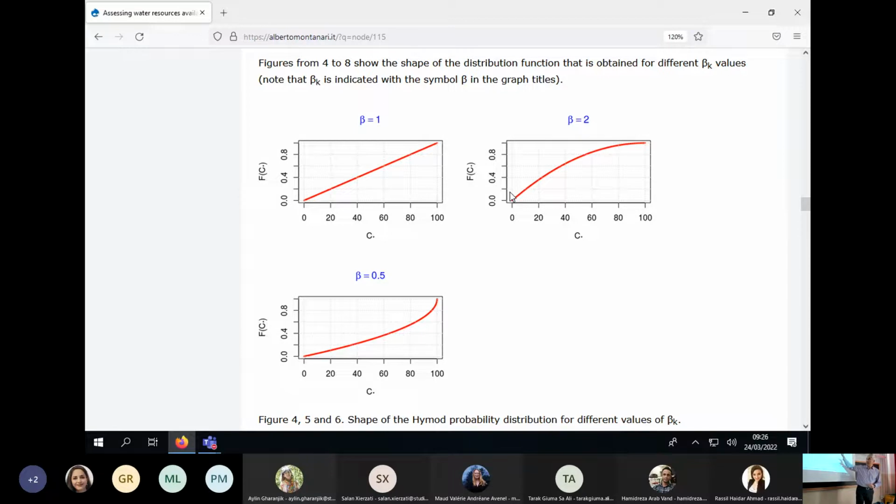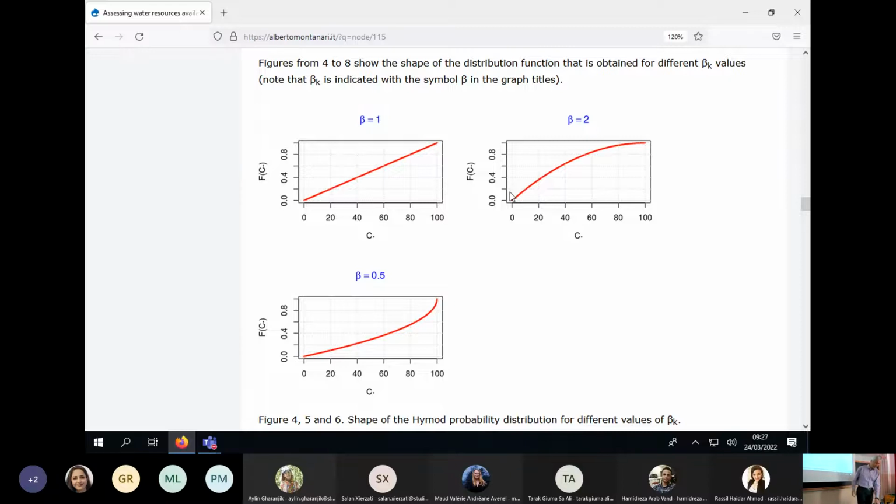If beta is equal to 1, the progress is linear. If beta is equal to 2, I have a function with concavity oriented downward. And if beta is less than 1, I have concavity directed upward.